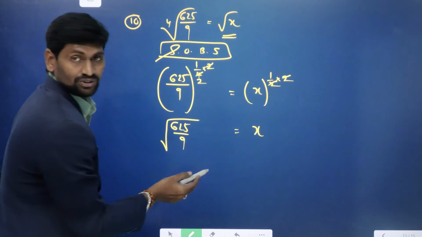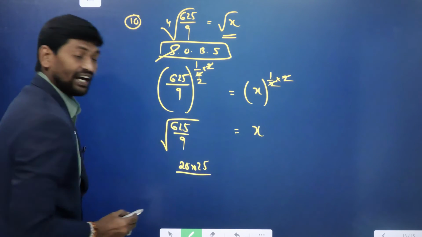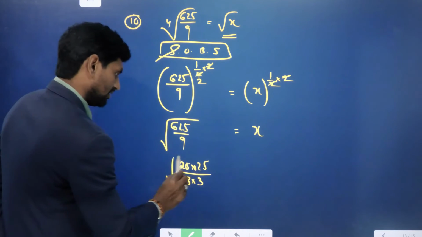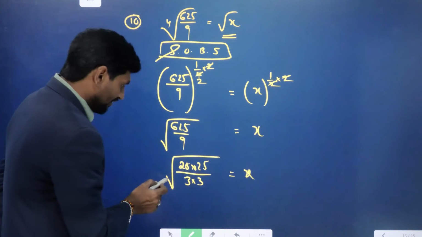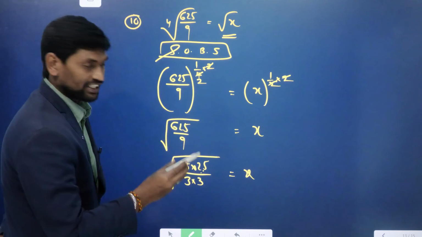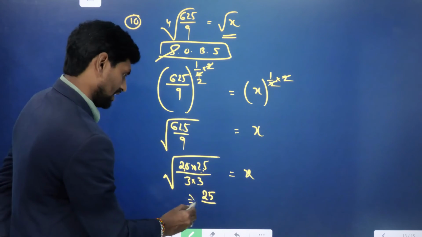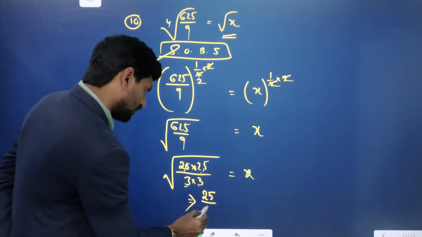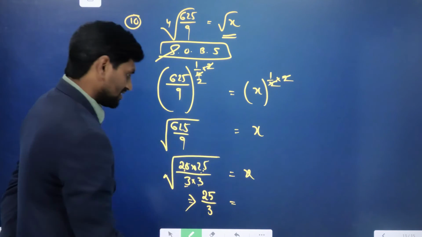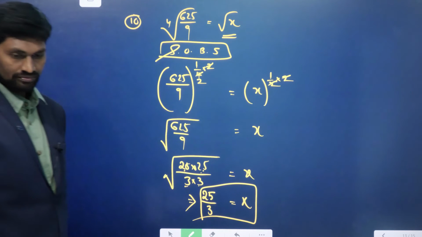So I need to find the x value now. 625 I can write as 25 25s, and 9 I can write as 3 into 3. That is equal to x. Whenever it is order 2, if you have the same number multiplied 2 times, one number will come out without the root. And here 3 and 3, same numbers multiplied, one number will come out without the root. Nothing but 25 square, 3 square, square root cancel. So x value is 25 by 3. Okay, now.